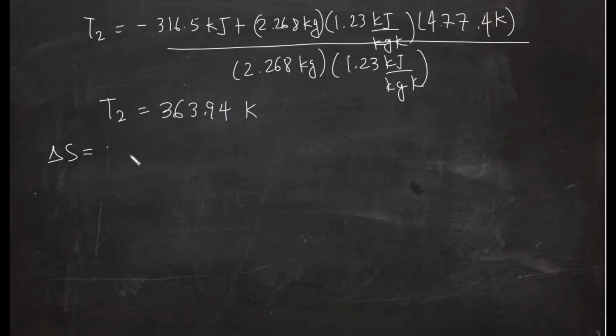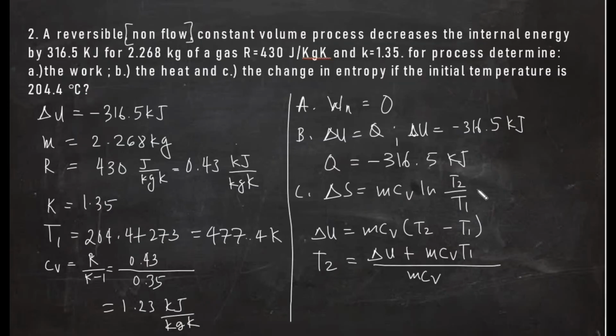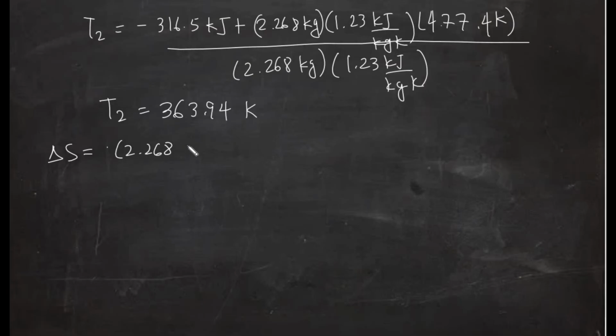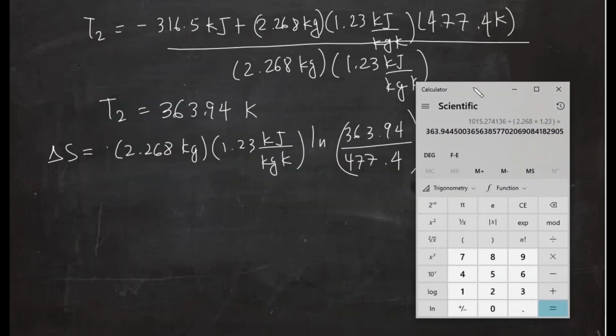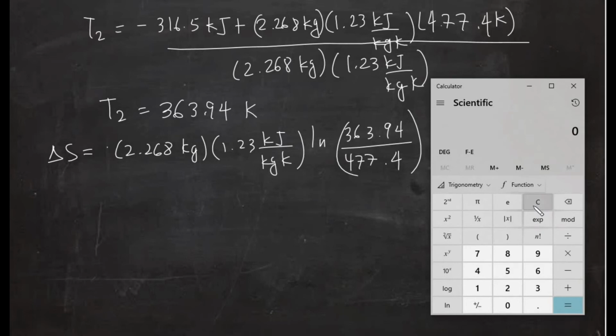So we can go ahead with our delta S. It's equal to mcv, and then ln of T2 over T1. So m is 2.268 kilogram, Cv is 1.23 kilojoule per kilogram Kelvin. Then the natural logarithm of 363.94 over 477.4. So again, let's get our calculator here, and it's best if you calculate this with me.